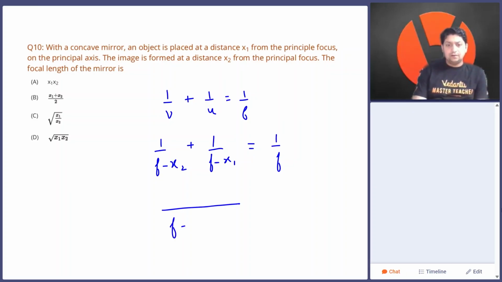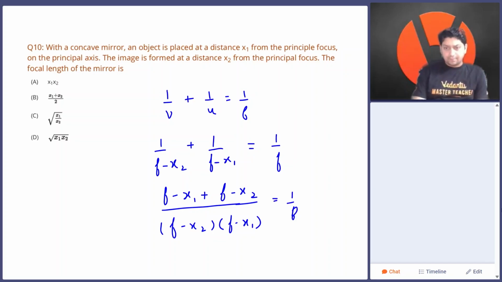And now we can take LCM. F minus x2, F minus x1, the values will be coming out to be equal to F minus x1 plus F minus x2 equal to 1 upon F, right?